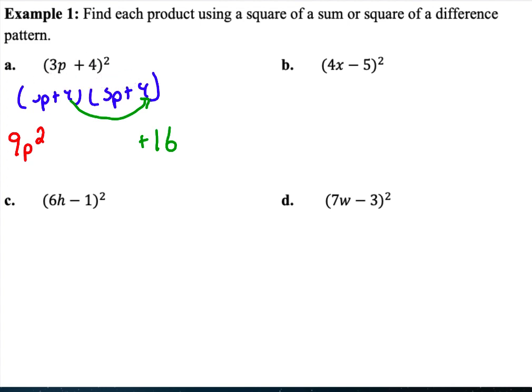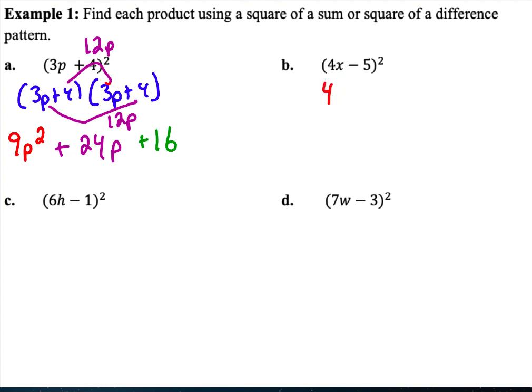And then remember what happens in the middle. So in the middle, I'm going to do 4 times 3p is 12p. I'm going to do 3p times 4, which is 12p. So I'm going to get 2 of those 12p's in the middle, which gives me 24p for that middle term. I'm repeating that. I'm doubling that middle piece.